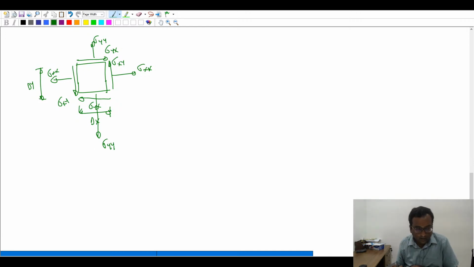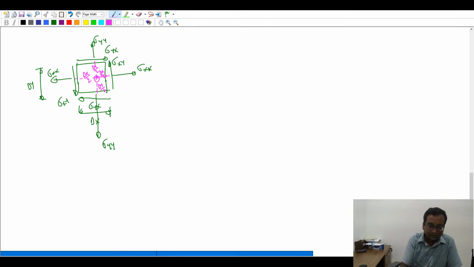Right? Okay. Now, for this to be in equilibrium, what should happen? If we take the moment about the point where these two normal forces meet, I take the moment equilibrium about this point. I have not drawn it properly, but let us assume that this is delta x by 2, and this is delta x by 2, and this is delta y by 2, and the top face is delta y by 2.